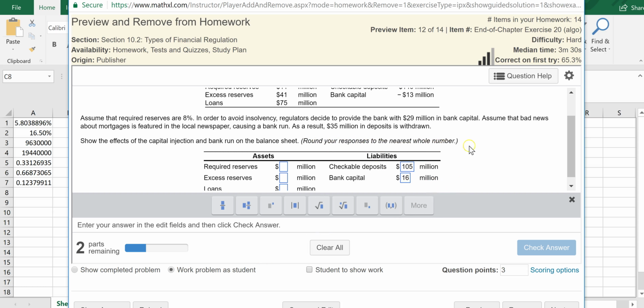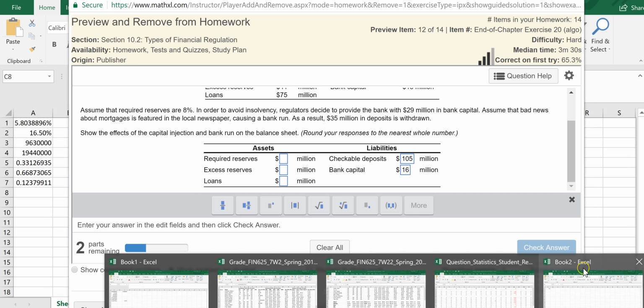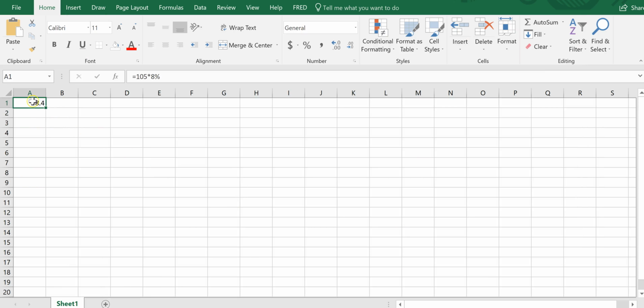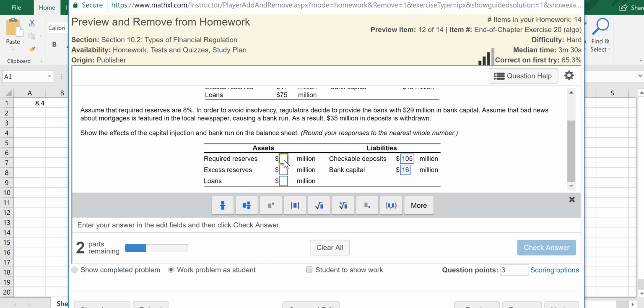So whole number means that there shouldn't be any decimal place, or we should keep the integers for the answers. So that means we should round down to 8. Okay, so required reserves will be $8 million.